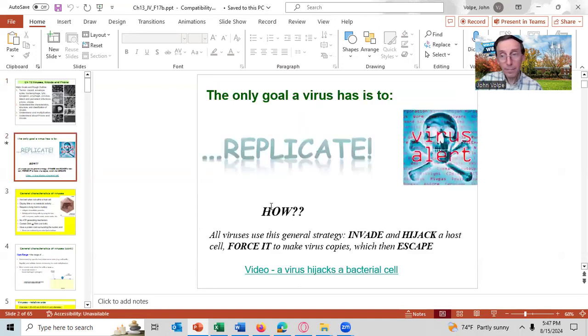If not, let's say that the only goal a virus has is to replicate. How do viruses replicate? They replicate by invading their host cell and hijacking that cell, forcing the host cell to make viral copies.